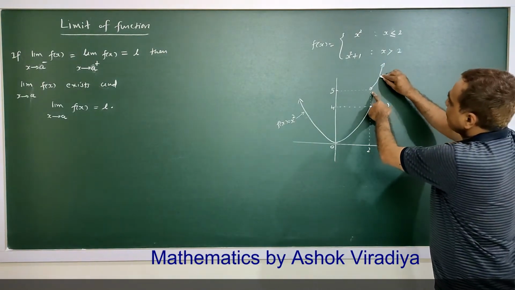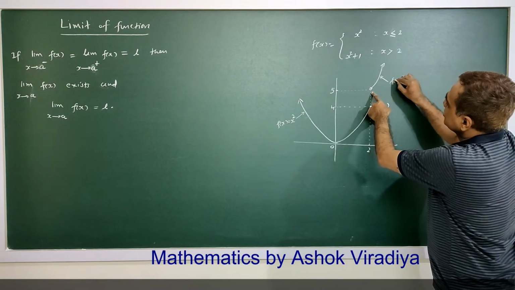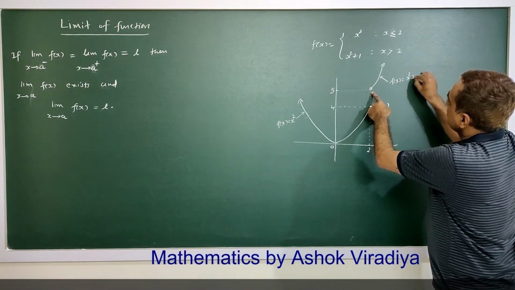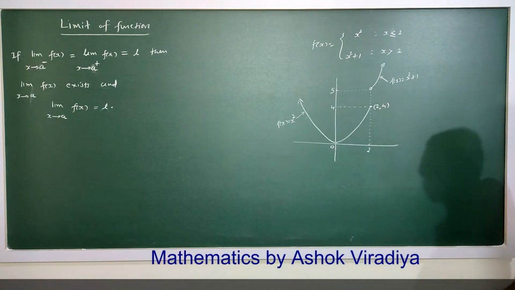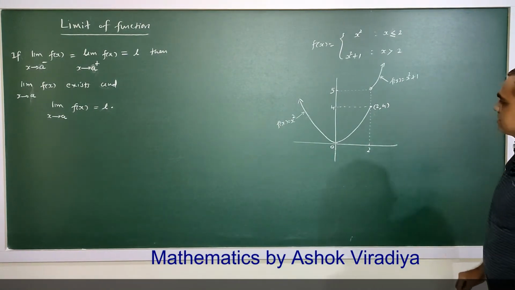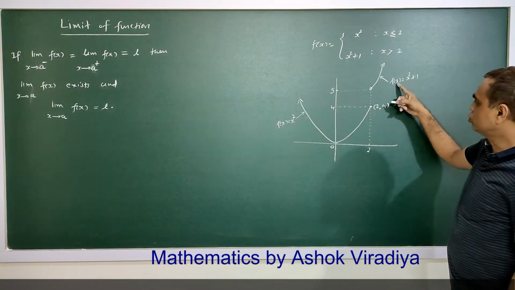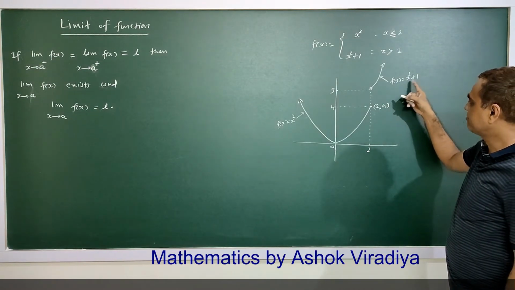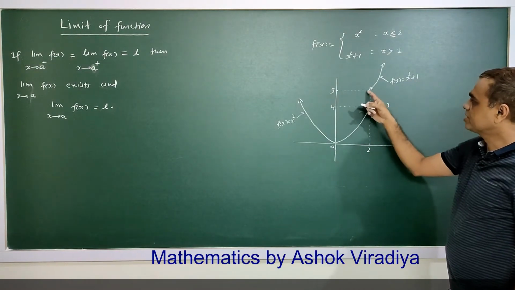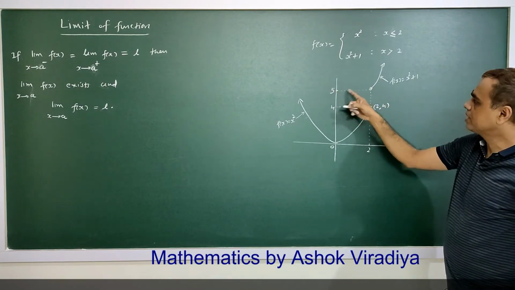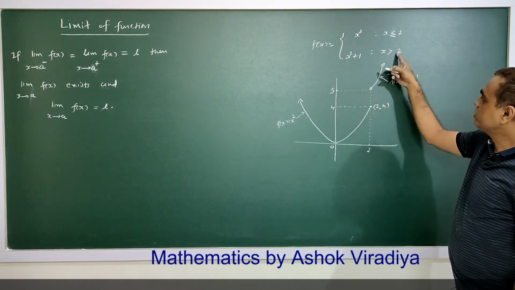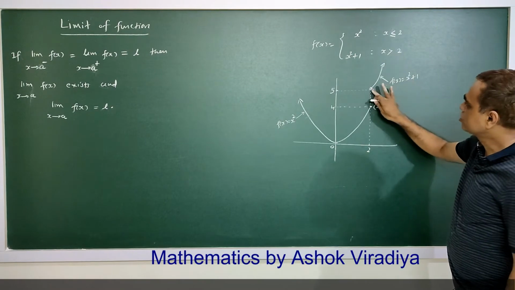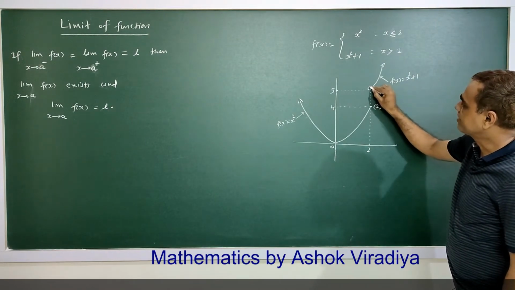This is the graph of f(x) equal to x square plus 1. If you take x equal to 2, f of 2 is 5, but 2 is not included here, so we keep this point deleted.